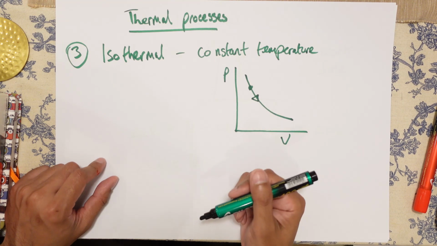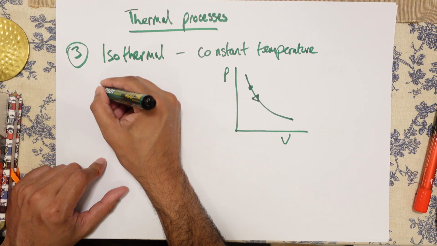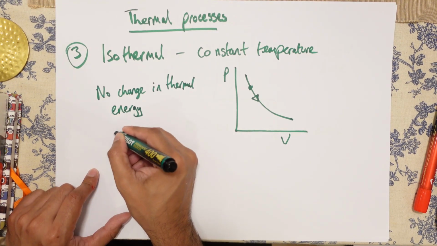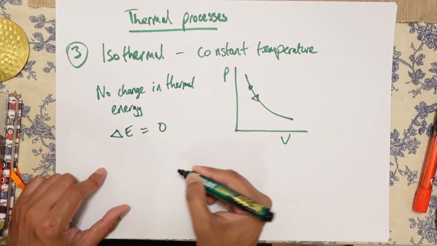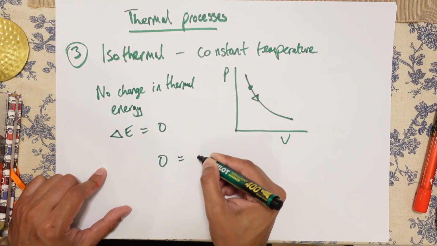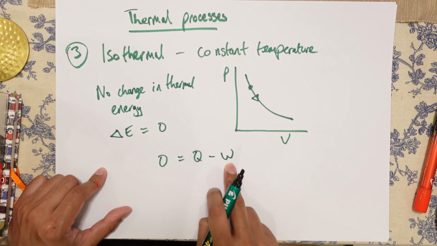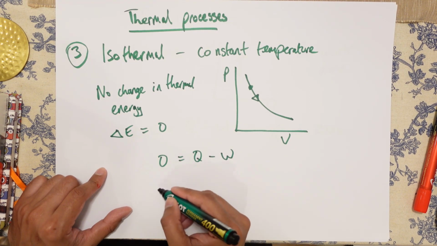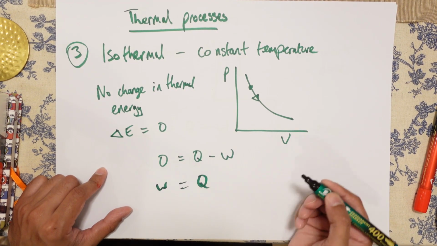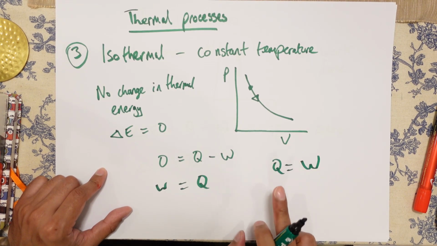Now, because it's at constant temperature, there is no change in thermal energy, which means delta E is equal to 0. So when E is equal to 0, you end up with a situation where it's Q minus W like this, where this is heat and this is work done. So you put that onto the other side, you end up with W equals Q. Or, you know, in the textbook it says Q equals W. It's the same thing.